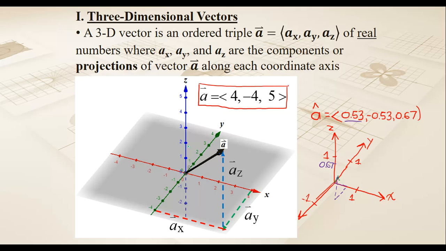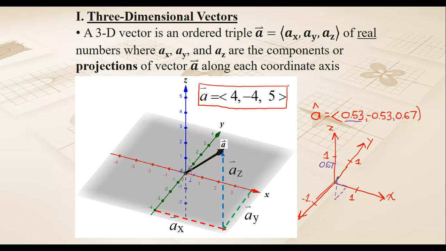I mean, you could try to do the same thing on this grid here to show it. Now, the key thing is the unit vector should point in the same direction as my vector. So if I went 0.5 to the right, that's probably about right here. And then I went 0.5 in the negative Y direction, it's probably about right here. And if you went up by 0.67, then you're probably up to right there.